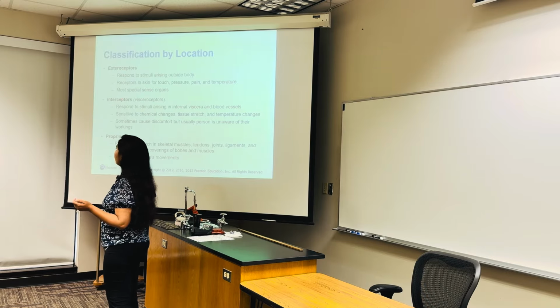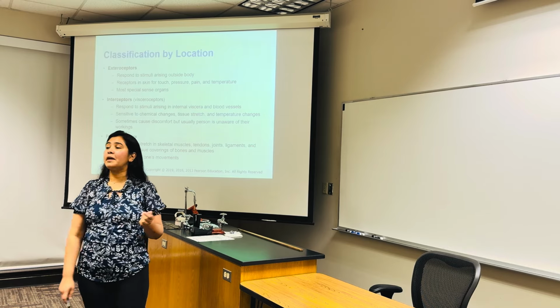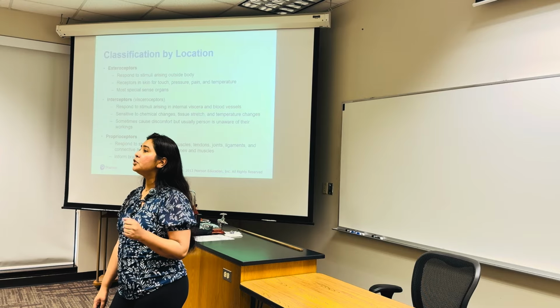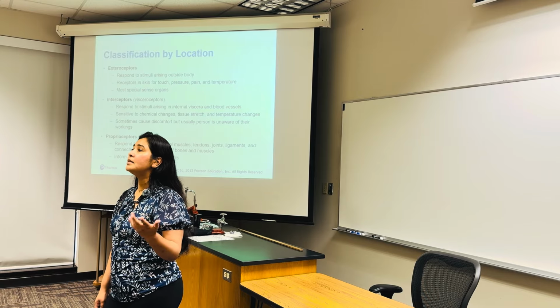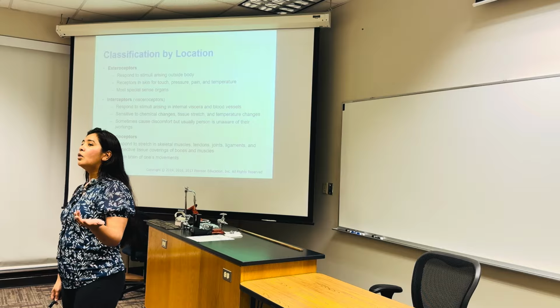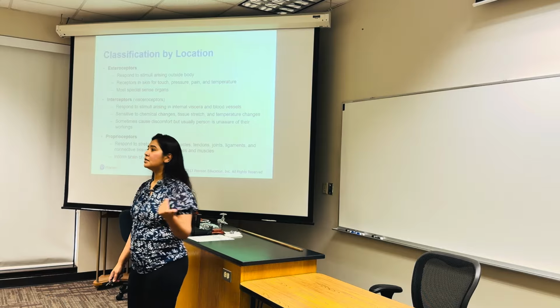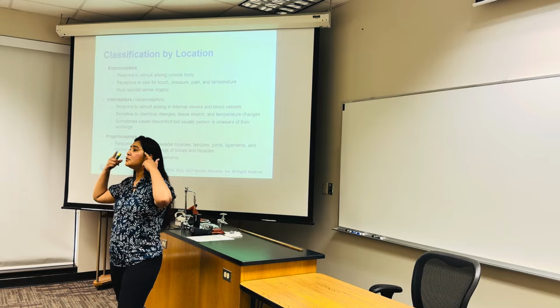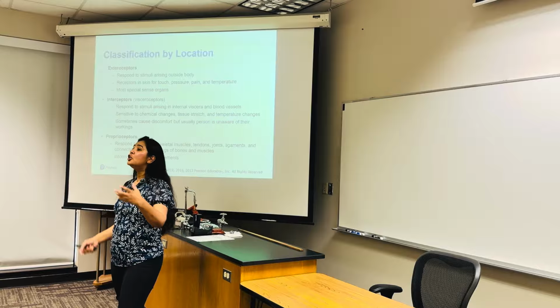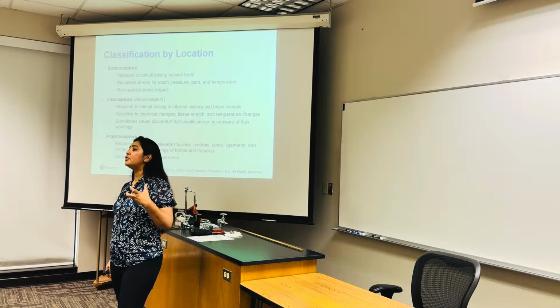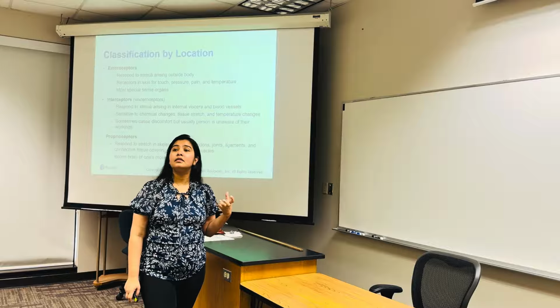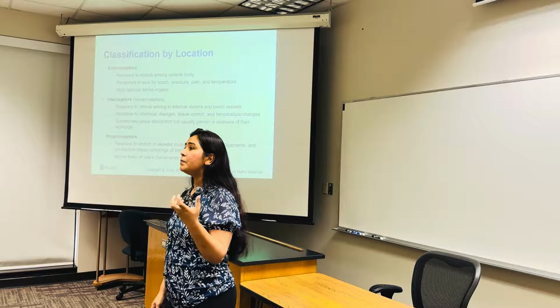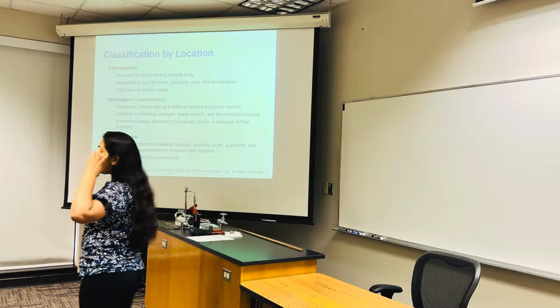Most special sense organs. So when we say most special sense organs, first of all, you need to know the difference between the general sense and the special sense. What do we mean by the special sense? If you have a specific organ in your body to receive information from the environment, then you call it special sense. For example, for vision, you have eyes.